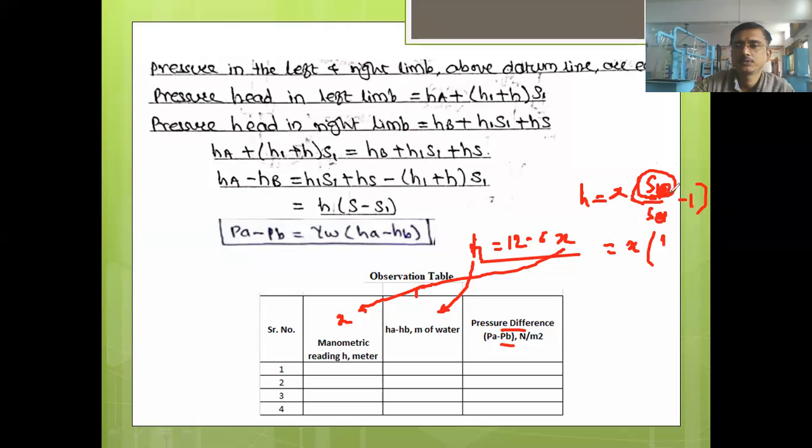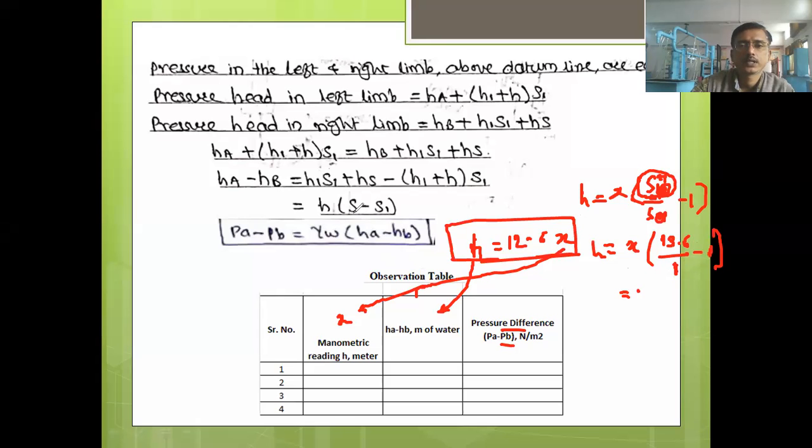SH is the specific gravity of the liquid present in the manometer, 13.6. S0 is the specific gravity of the liquid flowing through the pipe. So here, 13.6 divided by 1 minus 1 becomes 12.6. So this is how it has come.